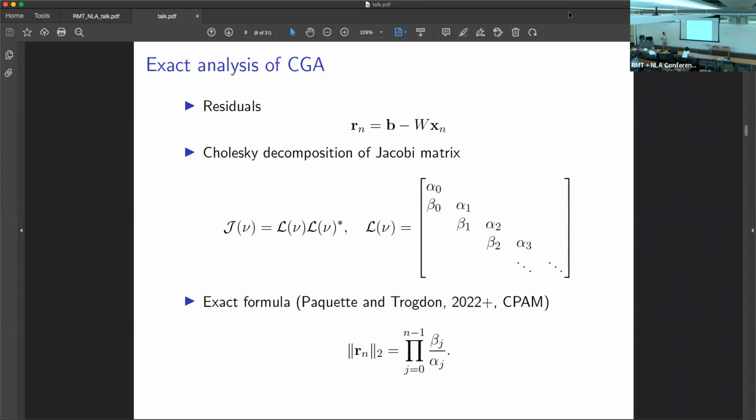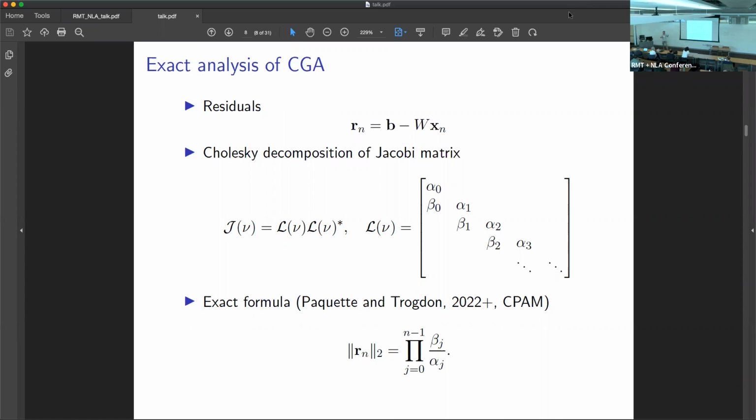For this CGA, I'm interested in its performance in terms of the residuals, where x_n is just the estimator from the nth iteration of CGA. There is a result: if you first take the Jacobi matrix using the VESD and then do a Cholesky decomposition, you get L of nu, and the residuals can be explicitly written as a product of the entries of the Cholesky decomposition.